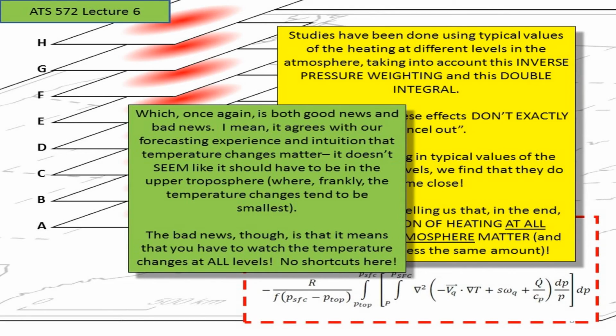It doesn't seem intuitively like temperature advection at 850 millibars is somehow more valuable for forming cyclogenesis than temperature advection at 300 millibars or something. Although, frankly, temperature advection up in the upper troposphere is usually pretty small.